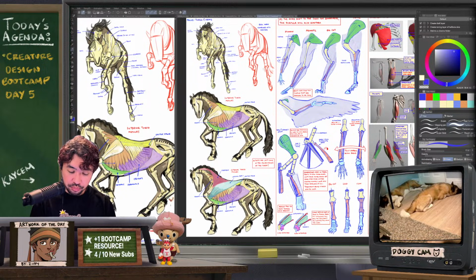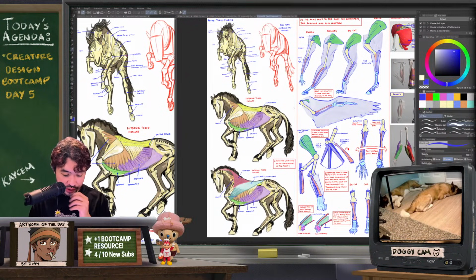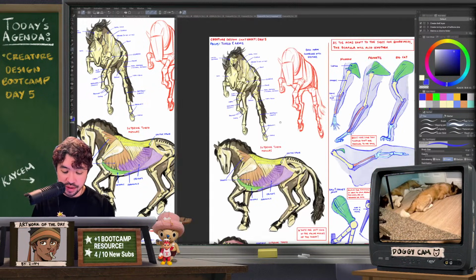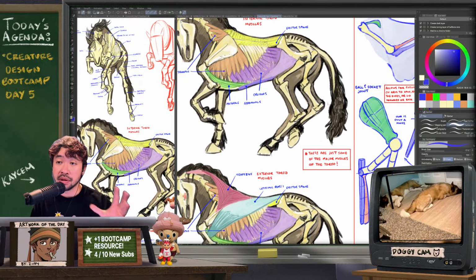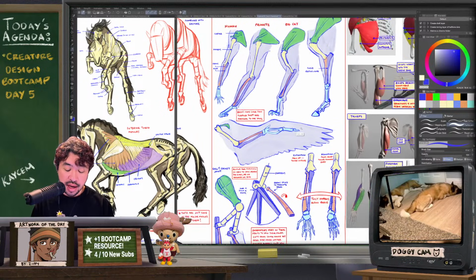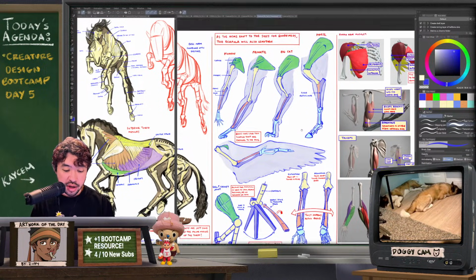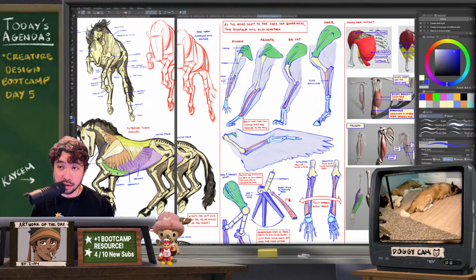Okay. So what is this sheet right here? Essentially, this sheet covers a couple of the things that we've covered over the last couple of days, right? We've covered some skeletal anatomy stuff right here, mostly just understanding the basic forms and how they apply to animals versus how they apply to humans. And then some new stuff here, which we will really go over today as well, is some of the skeletal anatomy of the arms of different types of animals, right?